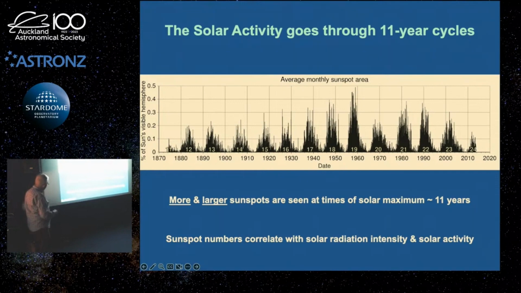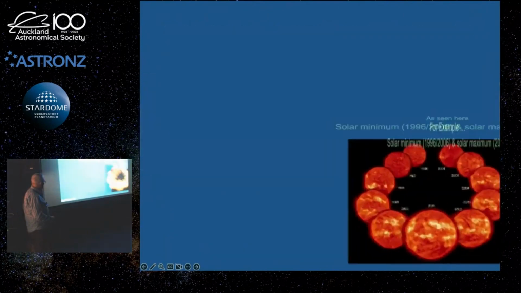What this graph shows is that as solar activity approaches solar maximum, you get more sunspots, and they tend to be larger. There's a direct correlation between sunspot numbers and solar activity. They worked that out many, many years ago: as sunspots increase in size and numbers, you get increased solar radiation intensity and solar activity. And we now know why.